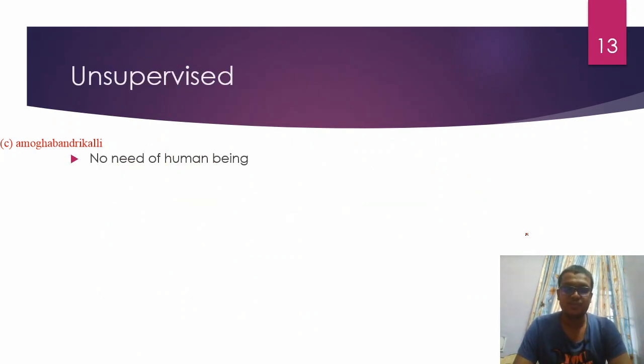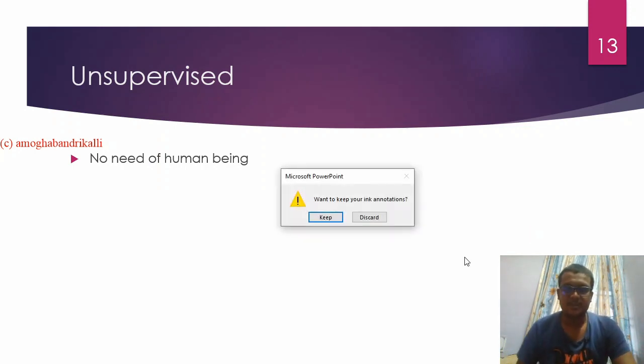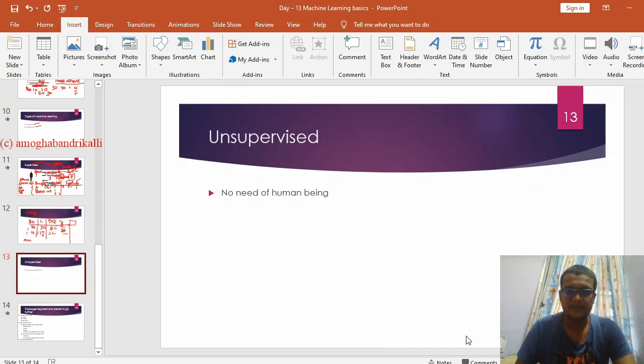So what does unsupervised machine learning actually mean? There is no need of a human being; a human being is not present to make decisions. See, I am having two scenarios here. Let me just switch the screen.